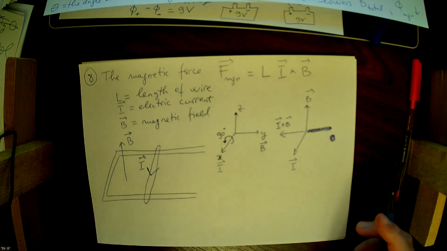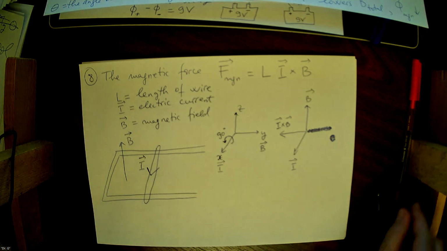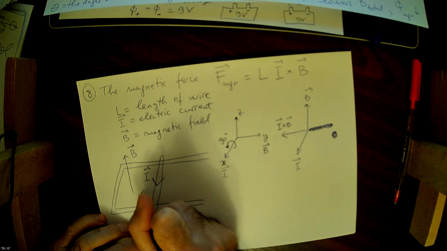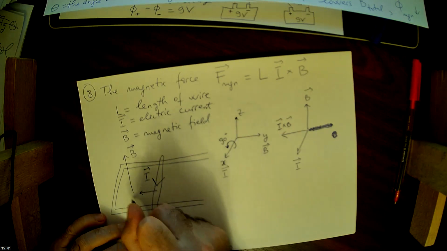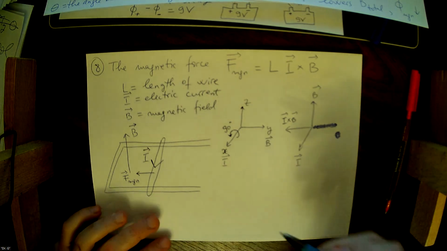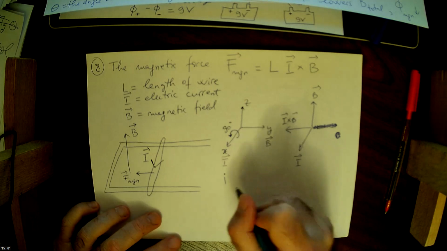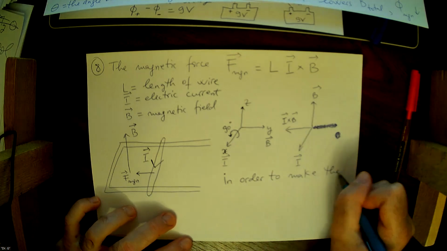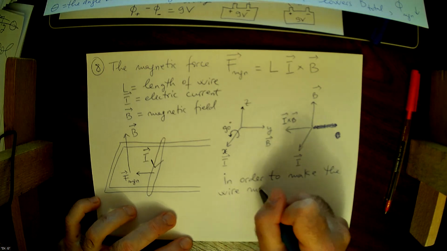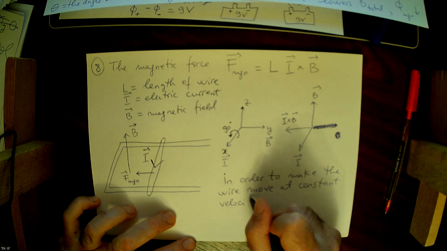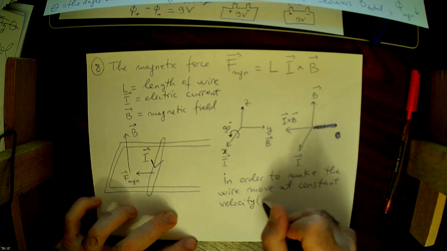Okay, so there is a magnetic force in this direction, which means that in order to make the wire move at constant velocity, that means zero acceleration, right?